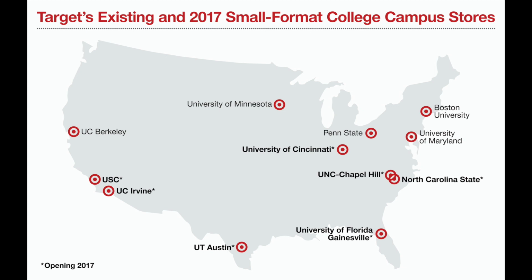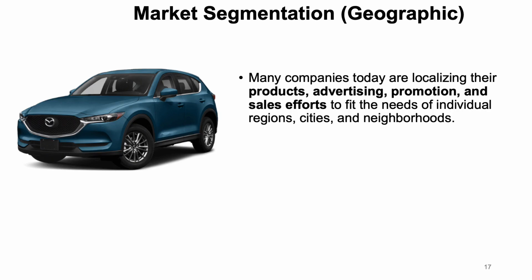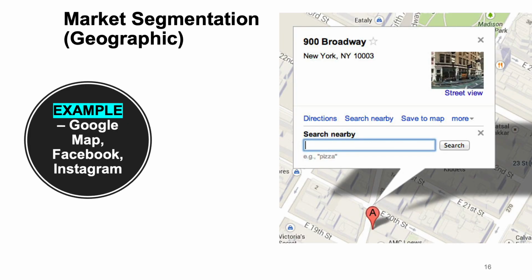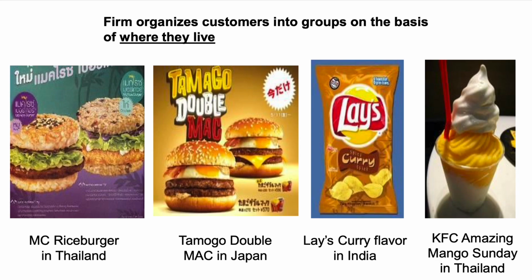They focus on the categories of products that are important to students and the people who live in the nearby area. Companies organize their customers into groups on the basis of where they live. McDonald's can offer products such as Mac Rice Burger in Thailand, Tamago Double Mac in Japan, Lay's Curry Flavor in India, and KFC Amazon Mango Sundae in Thailand.